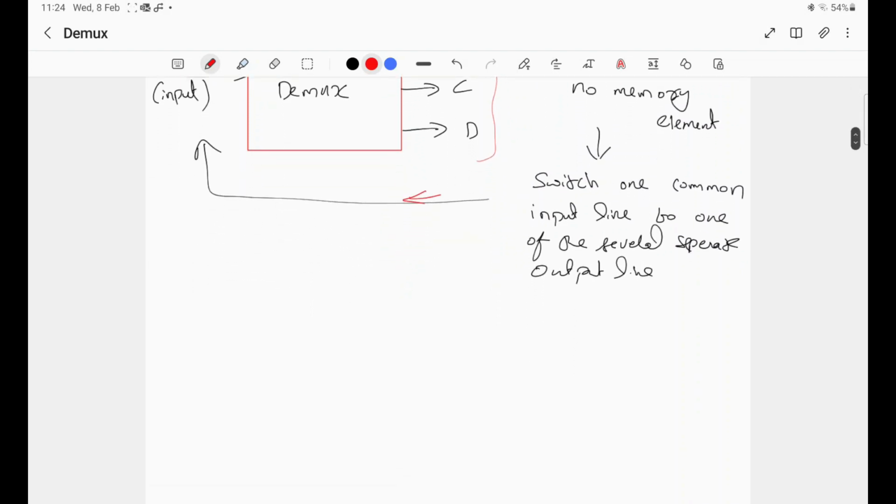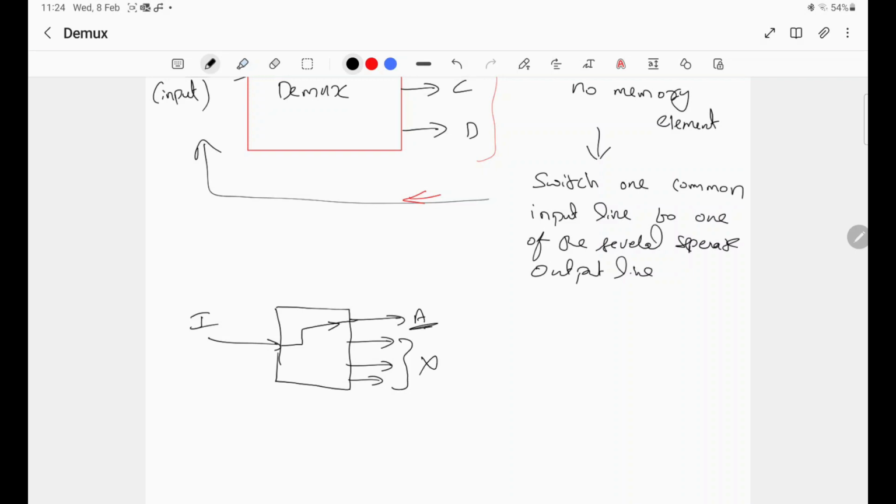Suppose this is the single input, and we have 4 outputs. At a time this may be sent to A only. That means input is available only in A. It is not available in the other 3 outputs.